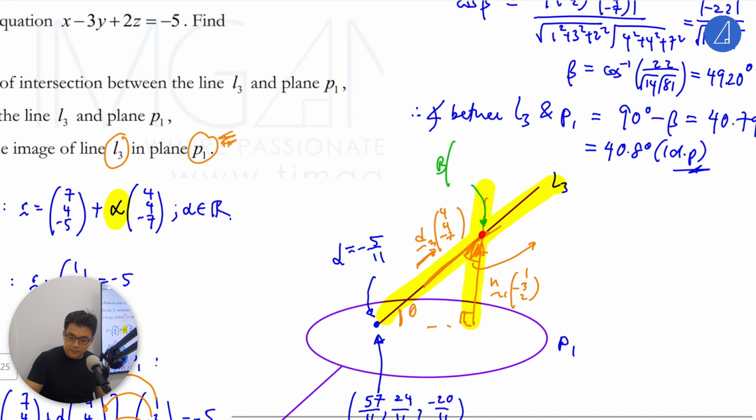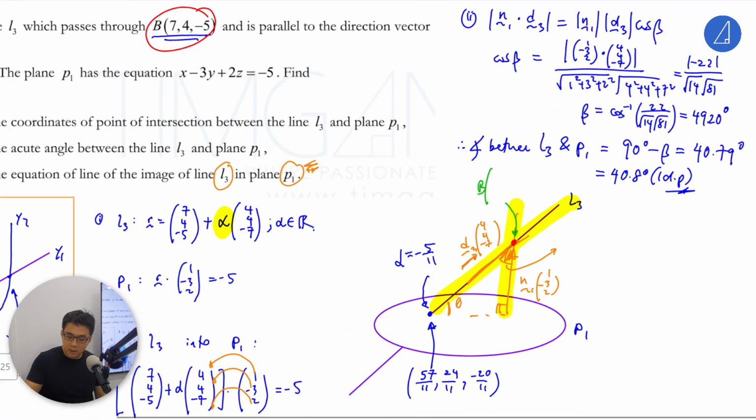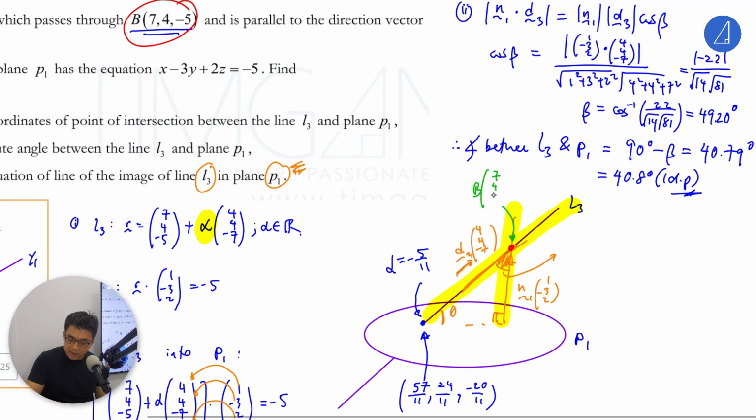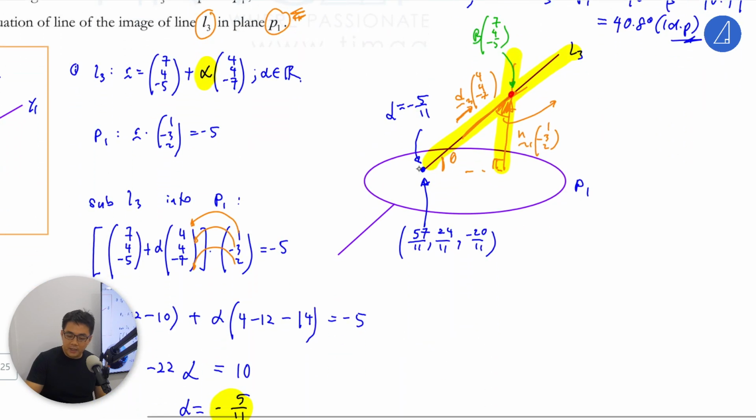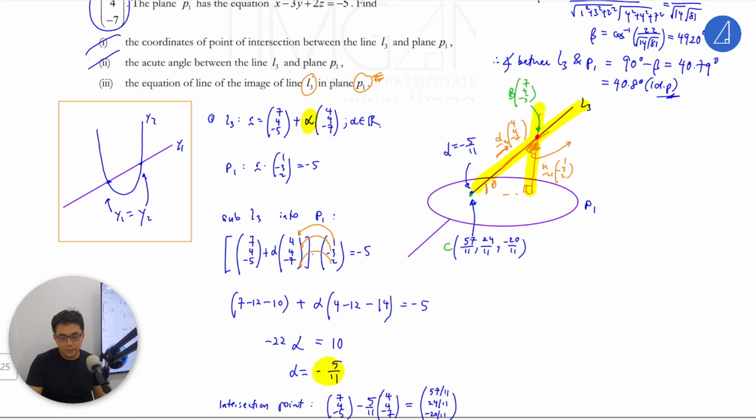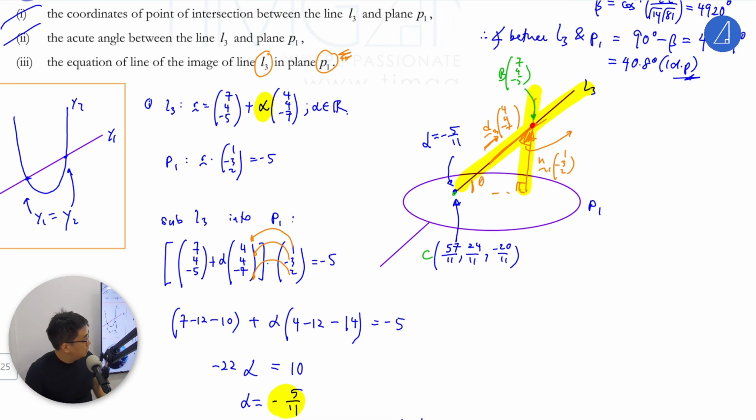B is 7, 4, minus 5. We have this intersection point here. I can name it as C if I want to. So if I want the reflected line equation, what I need is the foot of perpendicular of B to P1.